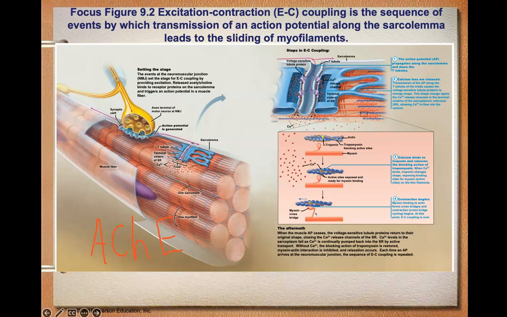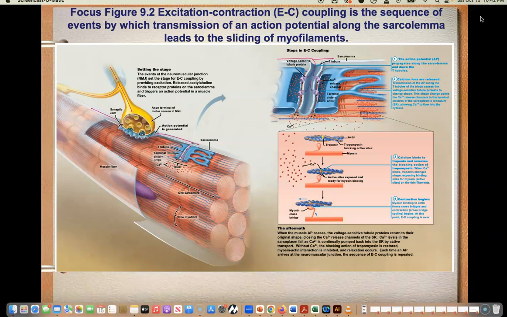So acetylcholine esterase is going to break down this acetylcholine in that synaptic cleft, and then basically that will allow the muscle action potential to cease, and then the muscle cell can finally return to its relaxed state. So that's the whole big picture here, in terms of what's happening.